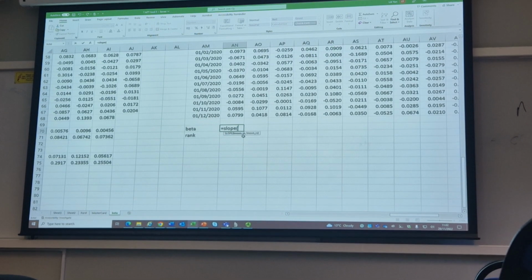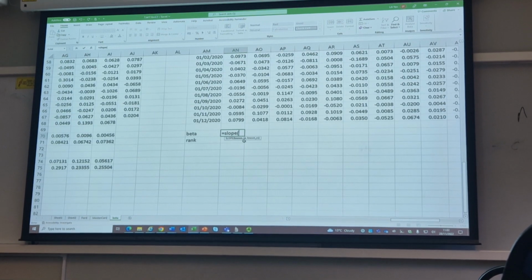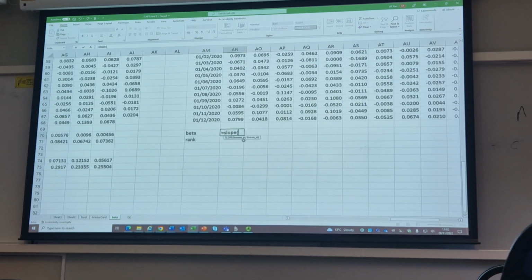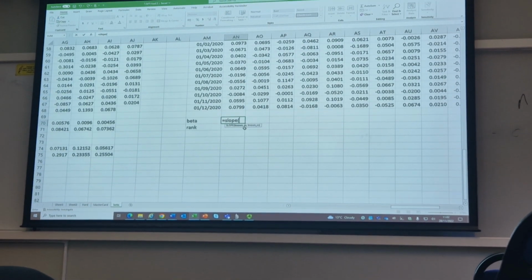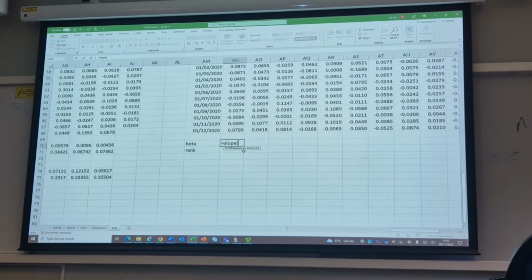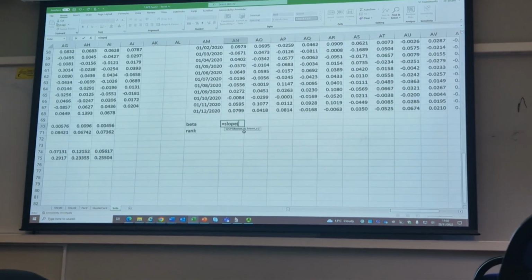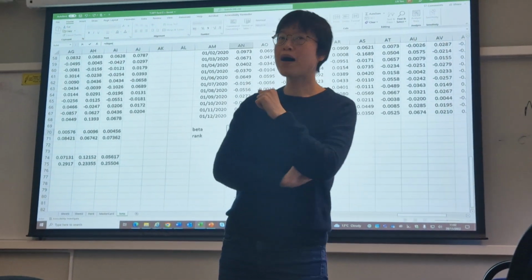What is the y? What is the dependent variable? The returns of the stock, and the independent one is the S&P or equities. So the dependent variable is the excess return of the stocks, and the independent variable is the excess return of the market.